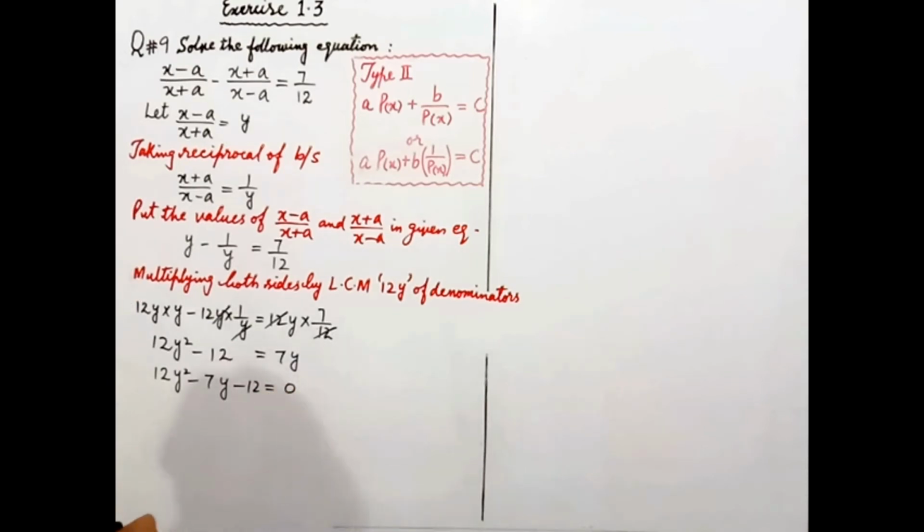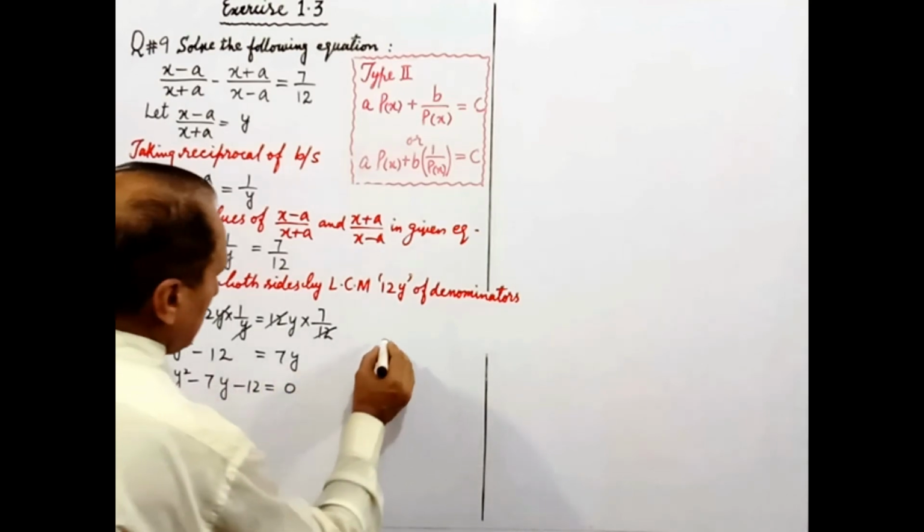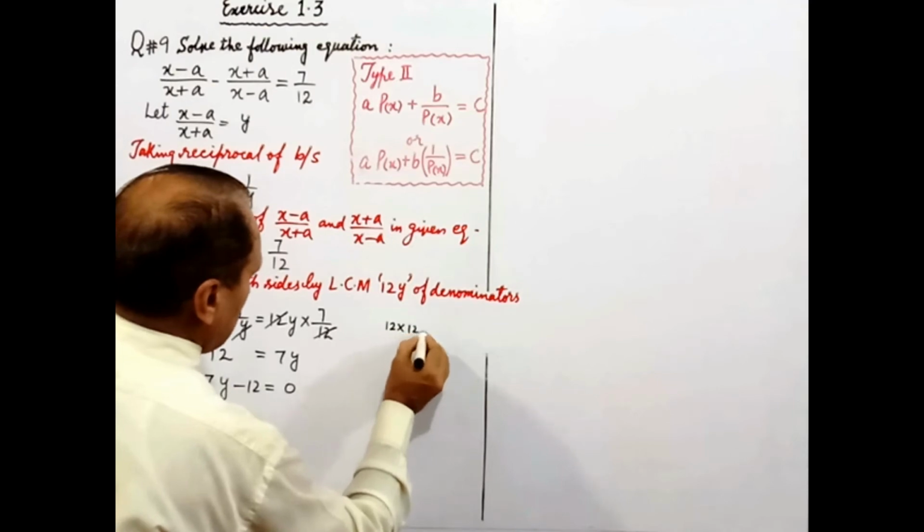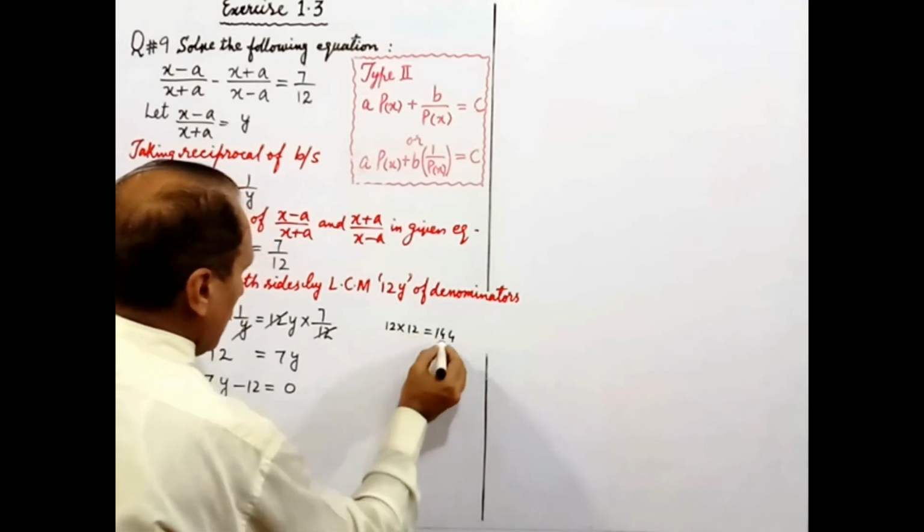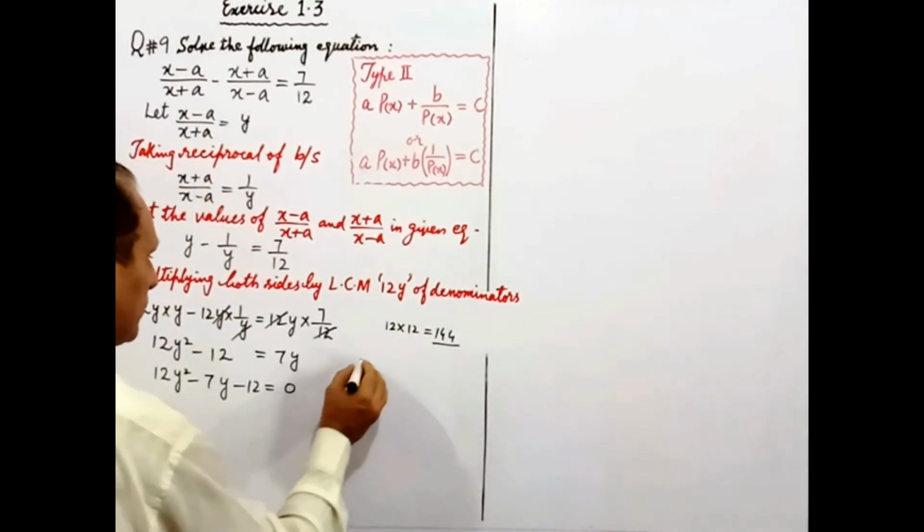We apply middle term breaking method of factorization. For this, we multiply the leading coefficient to the constant term, that is 12 multiply 12 is equal to 144. We have to find the factors of 144.